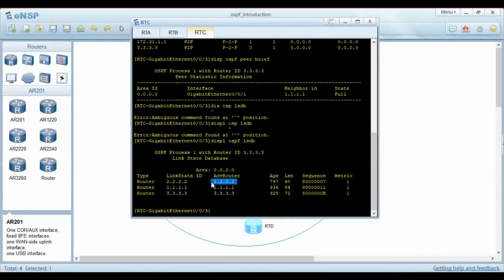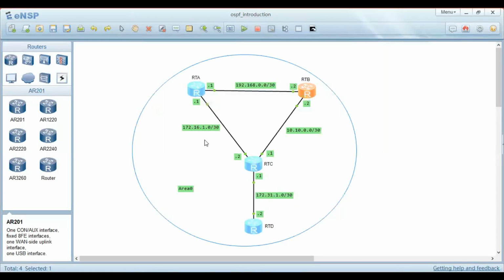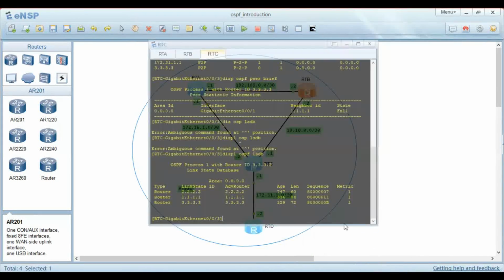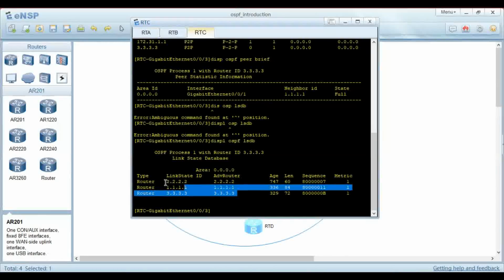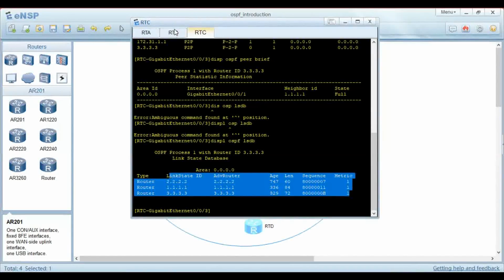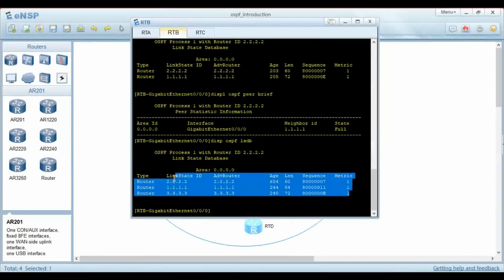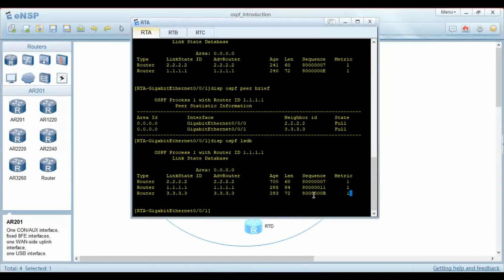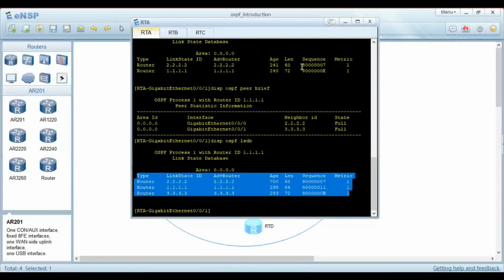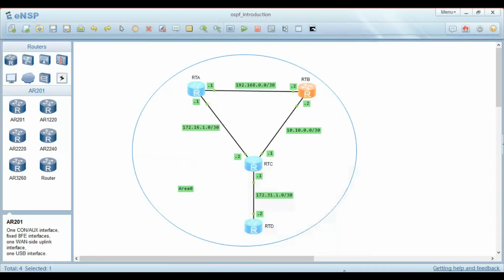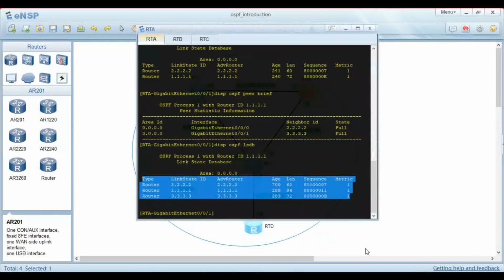This verifies that all the routers in the same area will have the same link state database. All of them, because we have seen router C has the three routers, router B has the three routers, and router A has the three routers as well. So that is the concept, and that is the key takeaway for today's lesson.